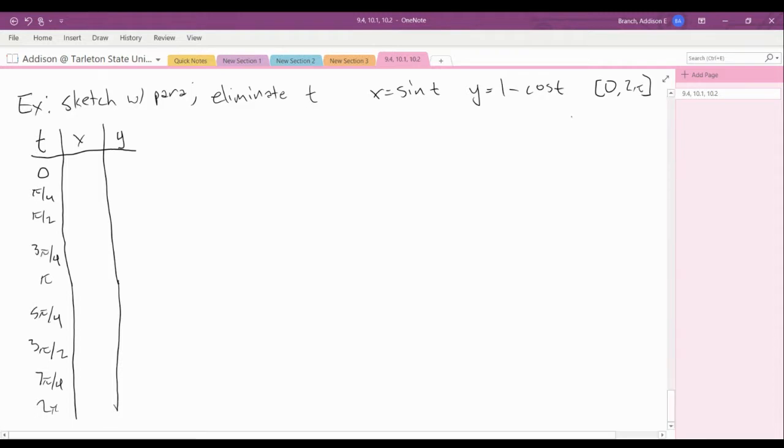And for this, we're just going to approximate square root of 2 over 2 to be 0.7.